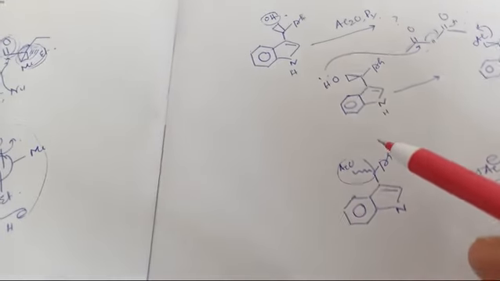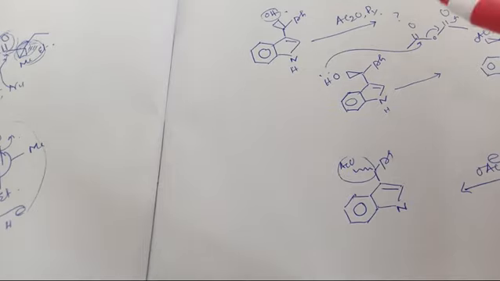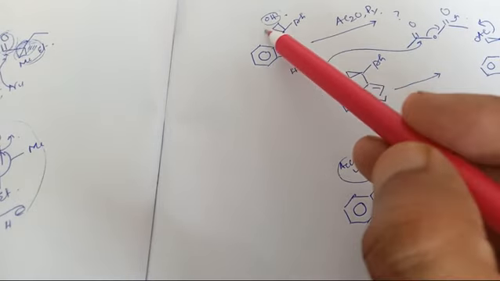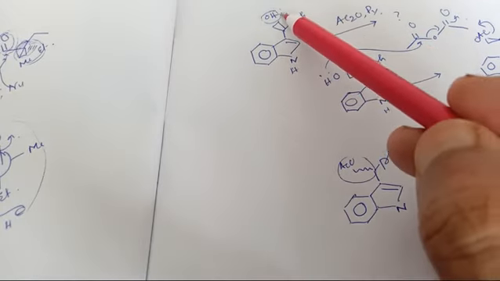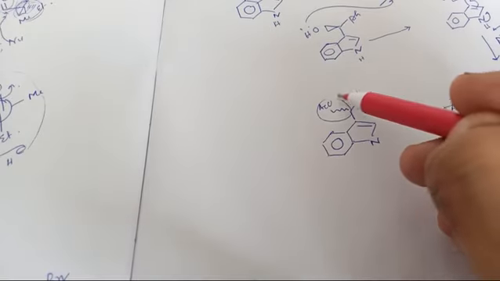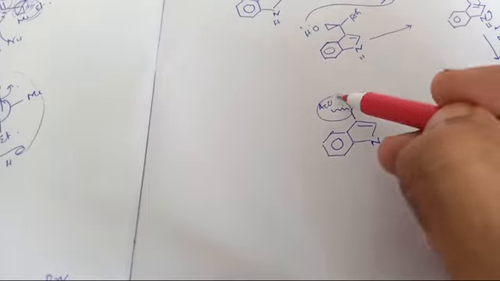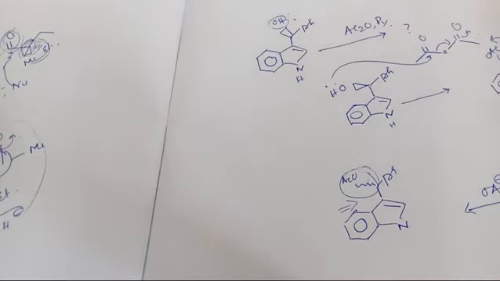There is also a loss of chirality, and there is no adjacent chiral environment which can influence this, but still here there is a loss of chirality. So this is also one type of induction, not this type, but a different type.